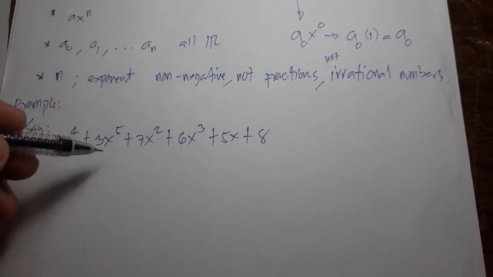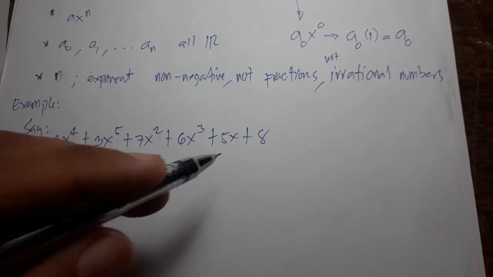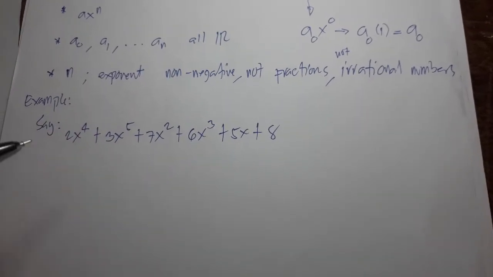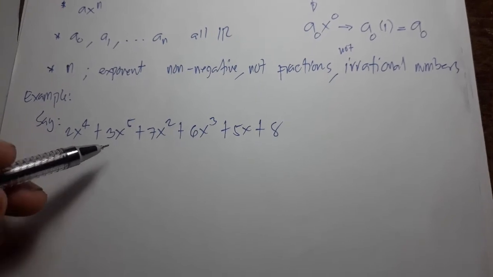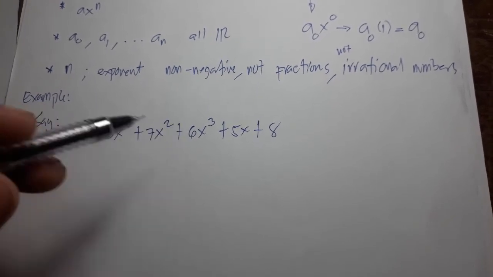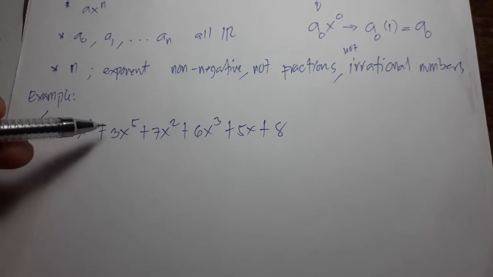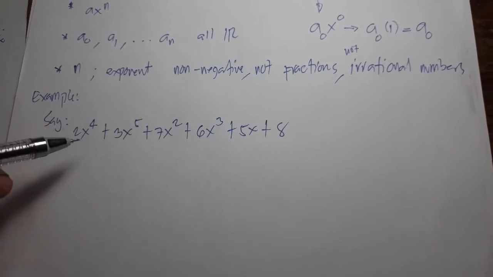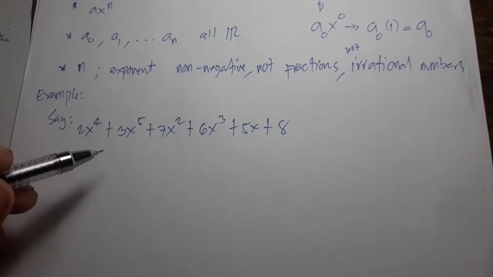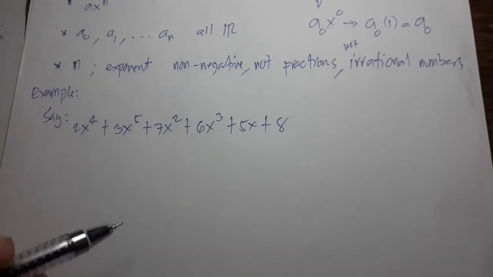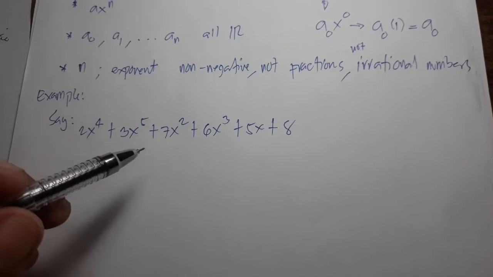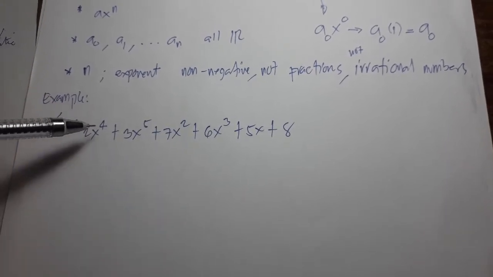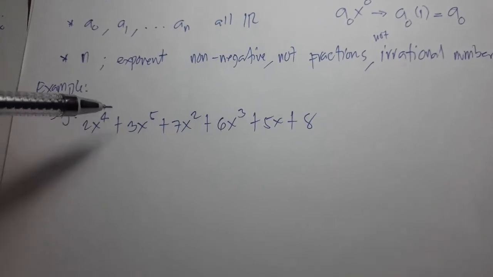In the arrangement of the terms, you can actually write the polynomial in ascending or increasing order and descending or decreasing order. It is said that the polynomial is in standard form if it is in the descending order of the power of x, the exponents.